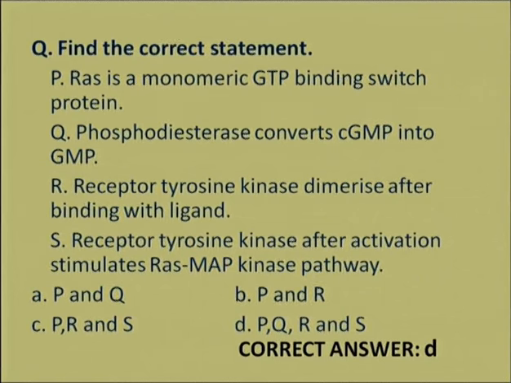Third one, receptor tyrosine kinase dimerizes after binding with the ligand. We have already seen that it is correct. And then receptor tyrosine kinase after activation stimulates the RAS MAP kinase pathway. Yes, via the RAS RAF pathway it will activate the MAP kinase pathway. So option D, that is all these statements are correct.